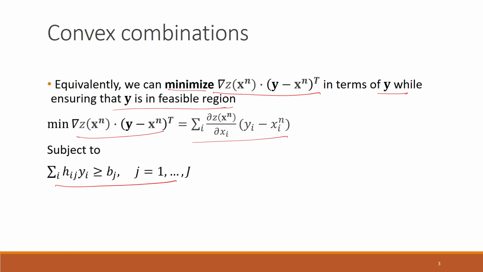This is just ensuring that y is in the feasible region. These are the original constraints that we had; we have just replaced xi with yi here.